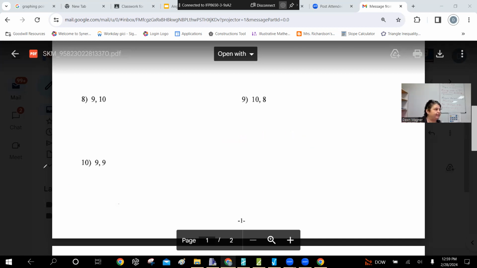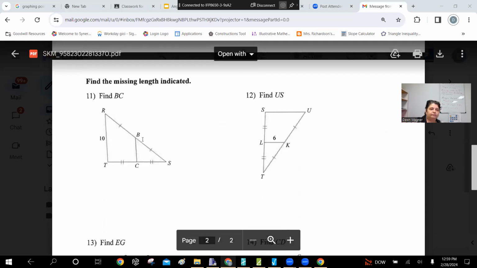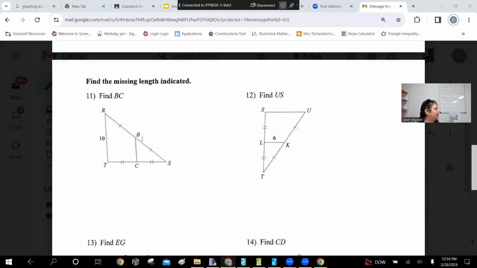It's called the Midsegment theorem. What the Midsegment theorem states is that if I find the midpoints of A and S, which I know that this is a midpoint because it created 2 congruent segments.